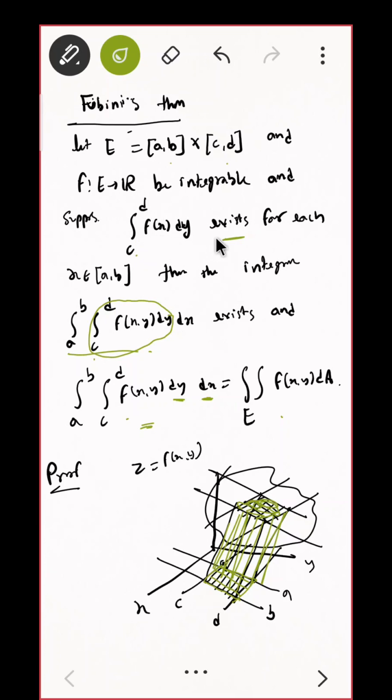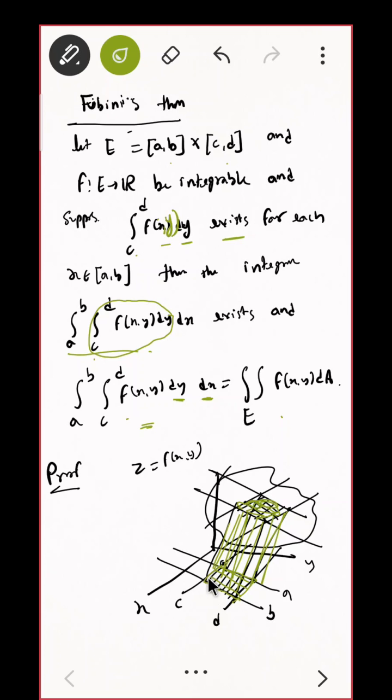So that is what he is saying, the integral from C to D of f of x, y exists. What do you mean by this? Your function is this, but here I am integrating with respect to dy only. So what are we going to get? It will be just a curve. F of x, y from C to D, where is C to D?